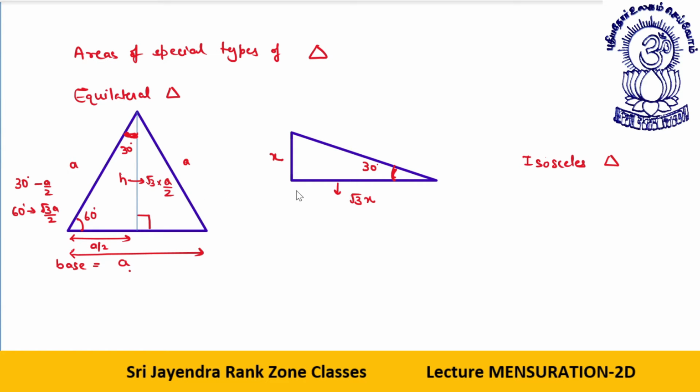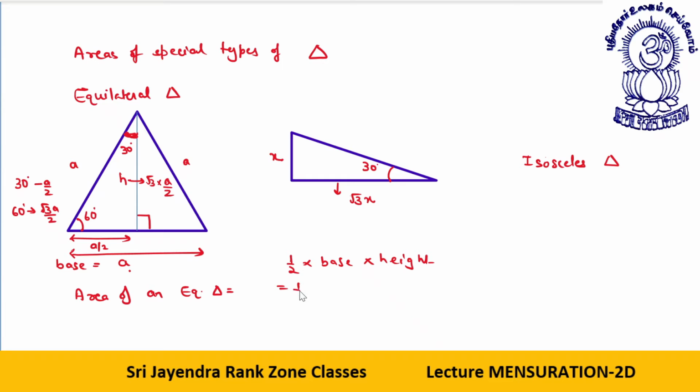So x, root 3 x, this is 30 degrees. Clear to everyone? So the area of an equilateral triangle is equal to half into base into height.